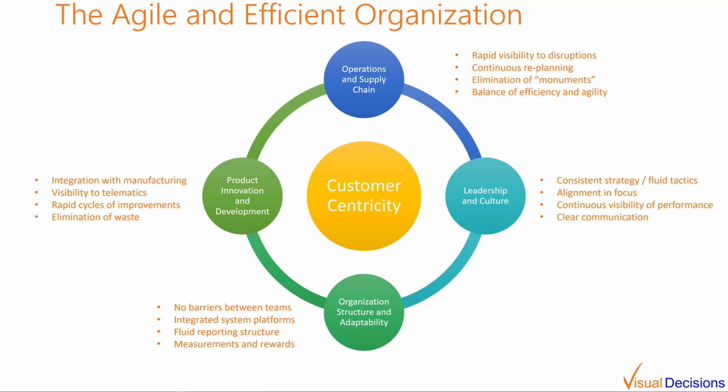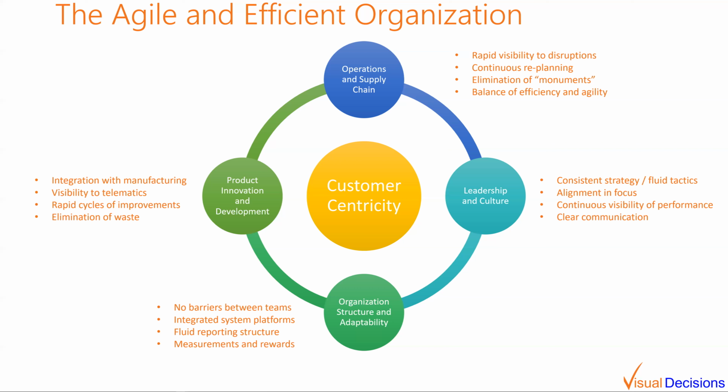And then having some fluidity with the reporting structure so that we can adapt to the different circumstances as they occur. From a product innovation and development perspective, being able to have our engineering team tied in with both manufacturing as well as out to the customers, with visibility to some of the telematics from our products if possible, so that we can see how they're being used in the field and improve the speed with which we improve our products, eliminating the waste in that process.